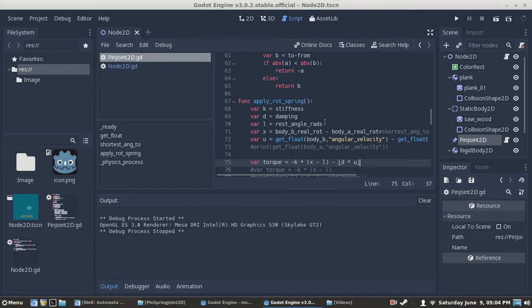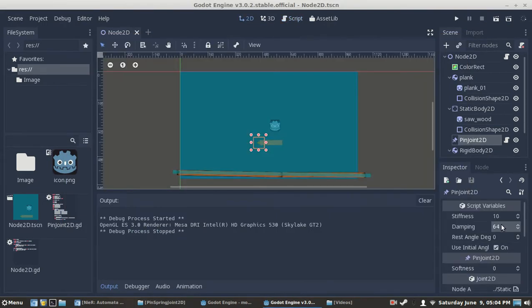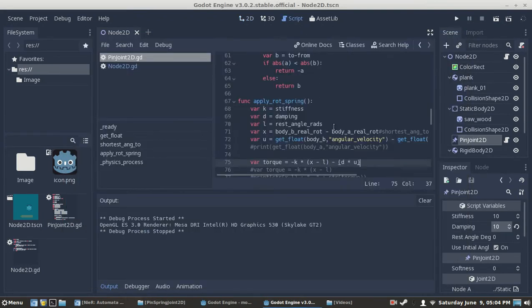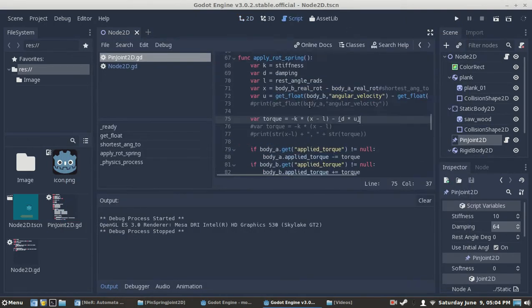Damping is how much you slow it down, as I understand it. I'm not too good with the physics, but if I set the damping really low, it gets more bouncy, and if you up the damping, it gets more fixed. So yeah, that works pretty well.